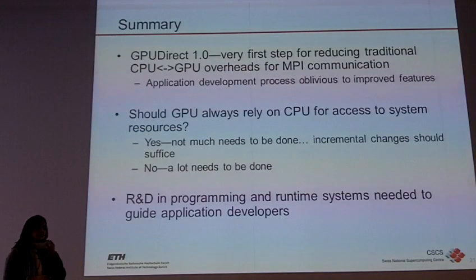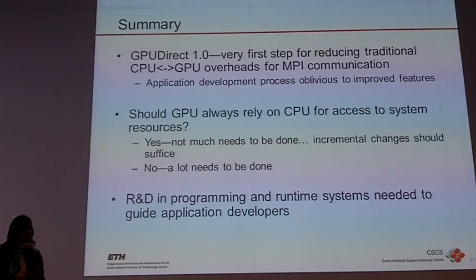So just to summarize, it's a very first step. It's an important step because at this point in time we are thinking that GPUs could be useful for HPC. And there is a lot of work going on there for all sorts of reasons, and we need to rethink the way we are using the main compute element and involving it in communication.